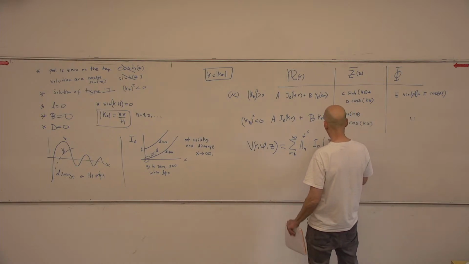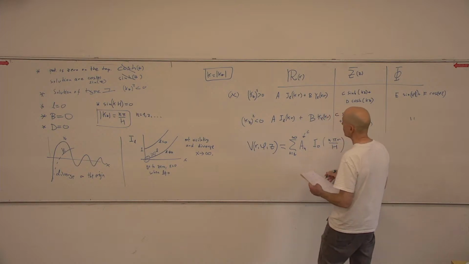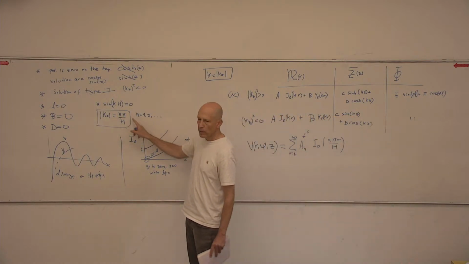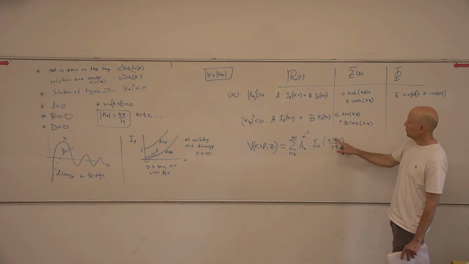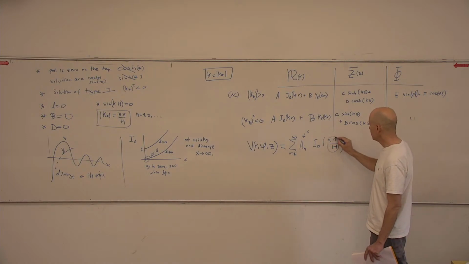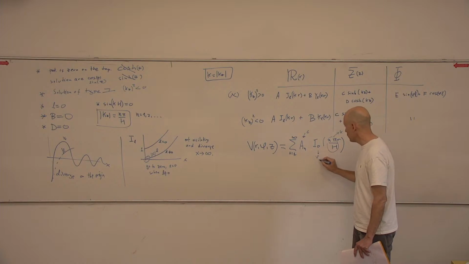Here I have n pi r over h. Why this? Because the k is n pi over h, so I just plug the k in here. This is the k. I hope you can see this. This is the k. This is phi symmetry.